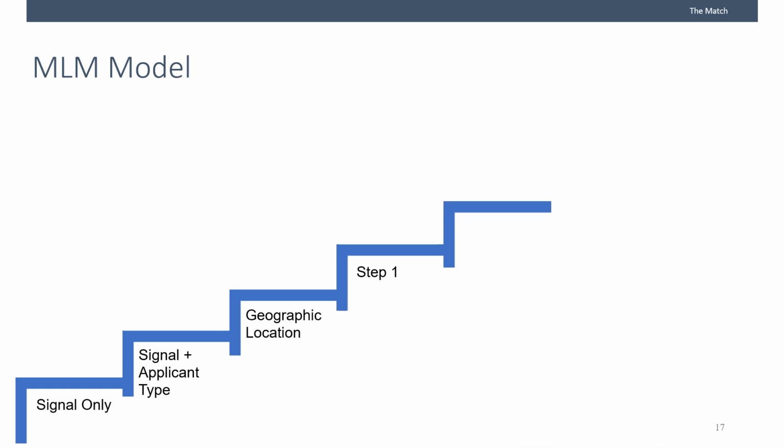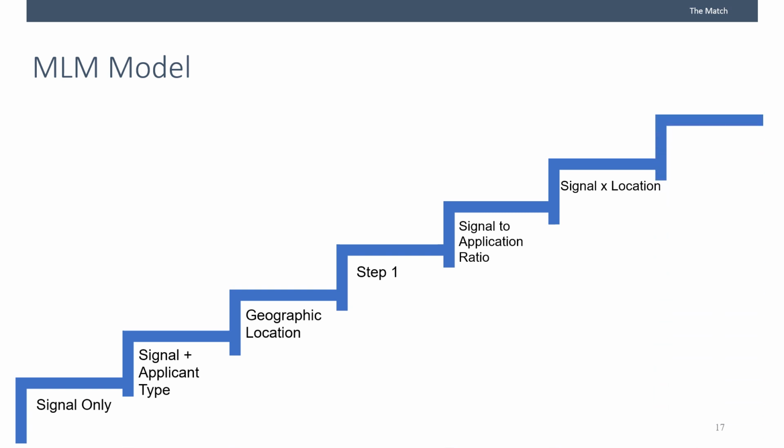For model 5, we added on to that and added in that signal to application ratio, which here is defined as wanting to account for the number of signals a program received, as we know there are a select number of programs who receive a large portion of signals, but we also wanted to take into account the total number of applications a program received, hence this ratio. For Model 6, we added in the signal and location interaction, and for Model 7, we added in the signal and step 1 interaction.